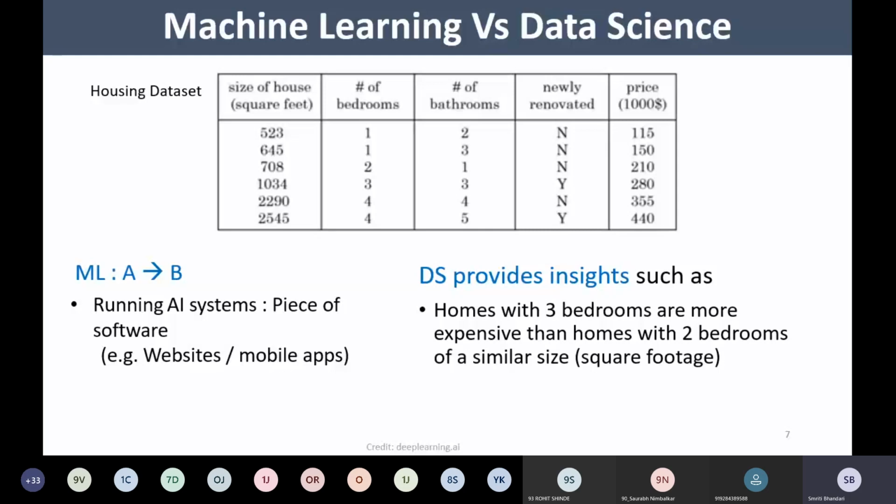Like homes with 3 bedrooms are more expensive than homes with 2 bedrooms, even though the square footage or the size of the house is the same. So this is one insight. Such insights help people to take business decisions. So that is the difference between machine learning and data science.